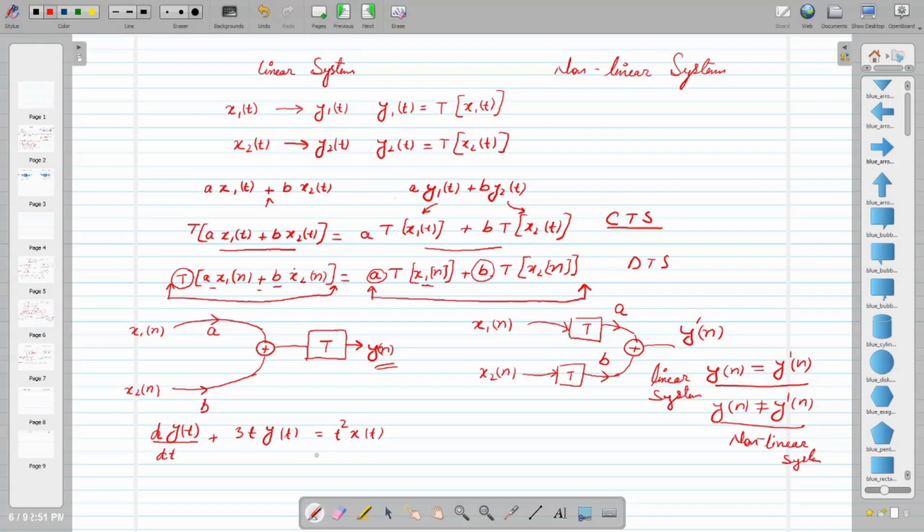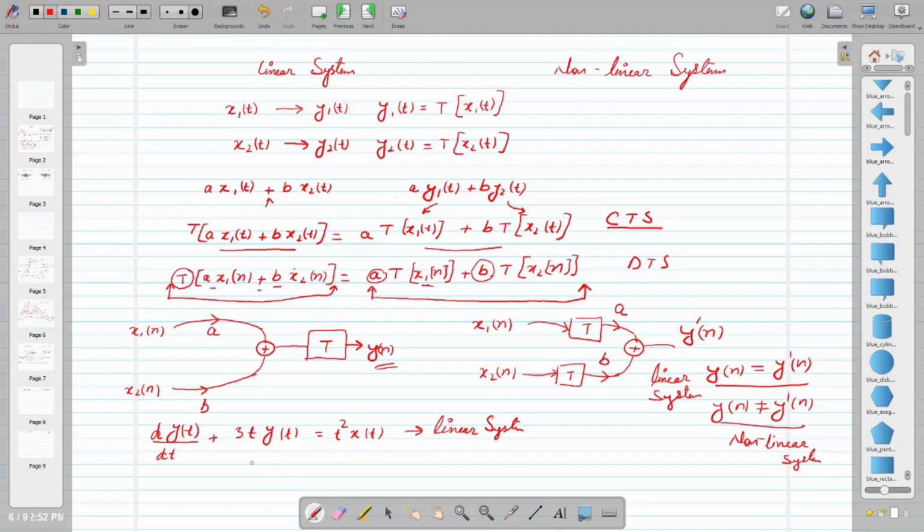If this kind of representation is there, then we can say that the system is a linear system. This is an example of a linear system. We will prove certain examples later on. In the next session we are going to cover certain examples.